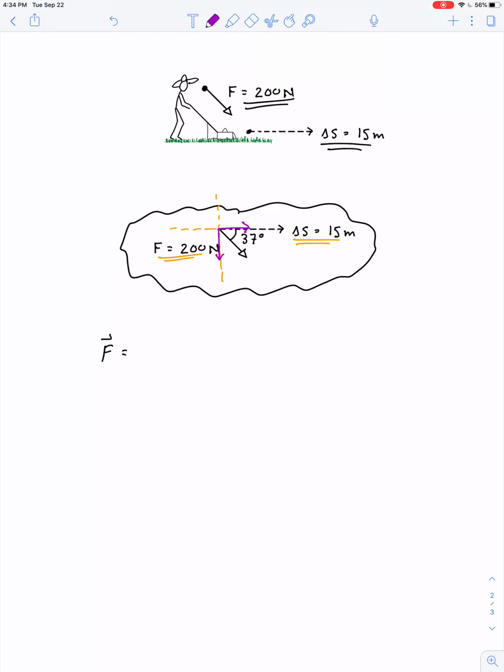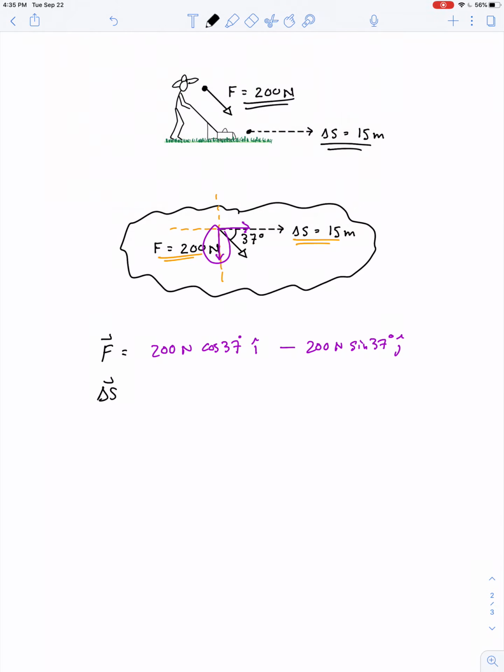And those components would be nothing more than the sides of a right triangle, and I think it's easy to argue that the force would be 200 newtons times the cosine of 37 degrees in the x direction, so I can multiply that magnitude times I hat, minus, because it's pointing in the negative direction, so minus 200 newtons times the sine of 37 degrees multiplied by J hat.